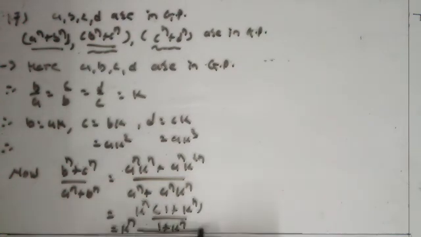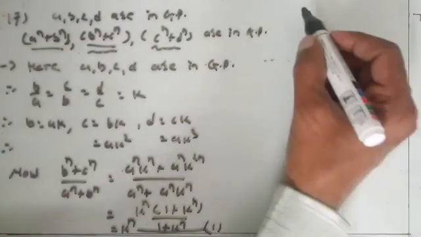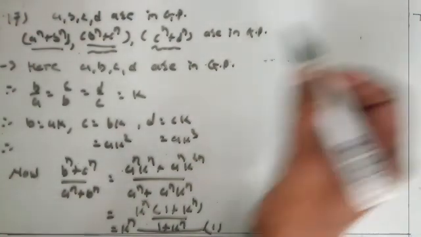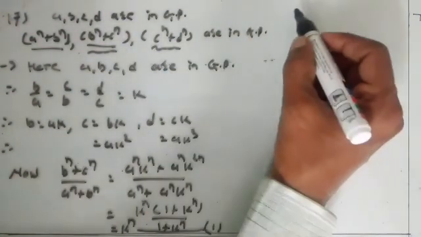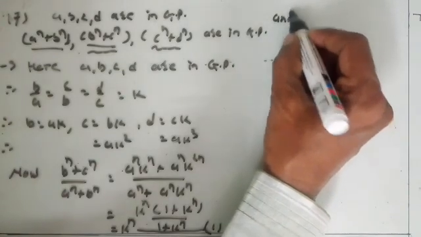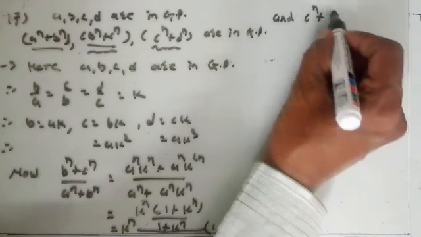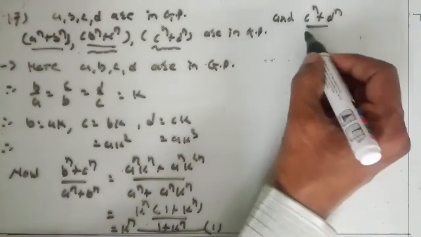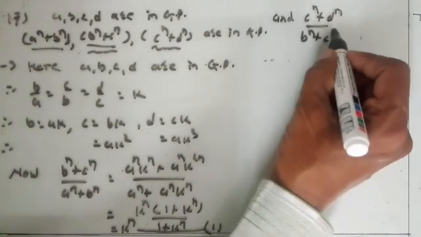Take this as result number 1. Similarly, we get the ratio of the last and second terms: c raised to n plus d raised to n upon b raised to n plus c raised to n.